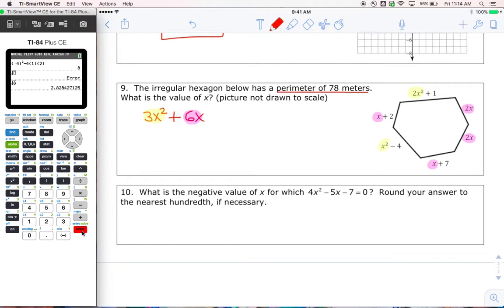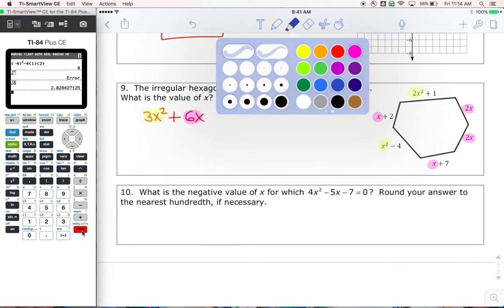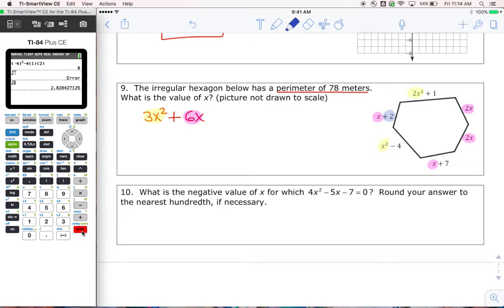Now we have the leftover constants, and that is 2 plus 1 is 3 plus 7 is 10, and then minus 4 is going to be a positive 6. Then we can put this equal to the perimeter, which is 78. That was given to us.